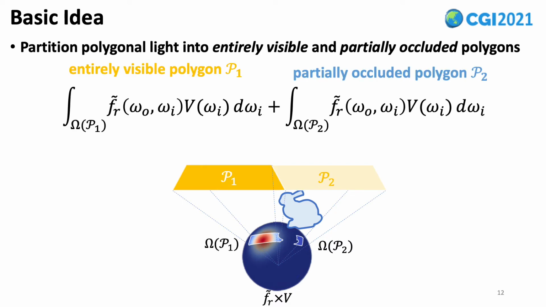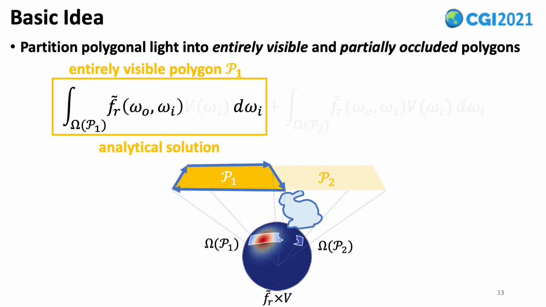If we partition a polygonal light source P into an entirely visible polygon P1 and partially occluded polygon P2, the product integral of the BRDF and the visibility function over the polygonal light source P is simply the sum of that over P1 and that over P2 as shown in this equation, since the visibility function V in P1 is constant. The product integral over P1 is reduced to the integral of the BRDF over a polygonal domain that has an analytical solution of boundary integral.